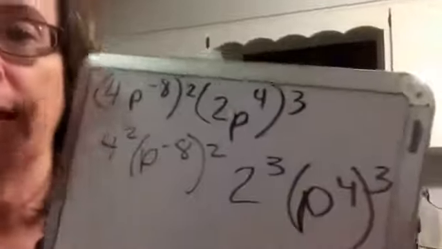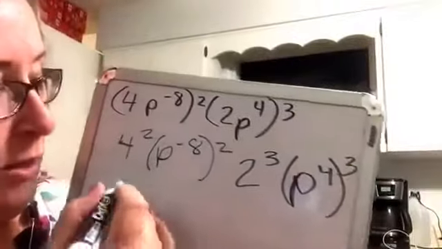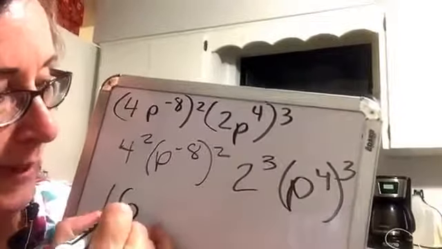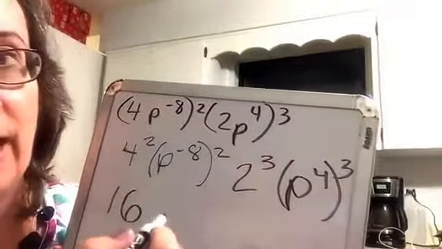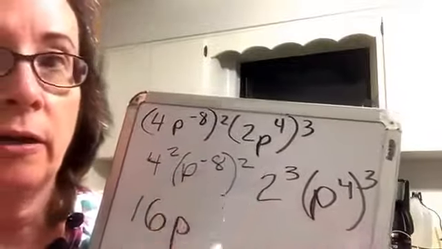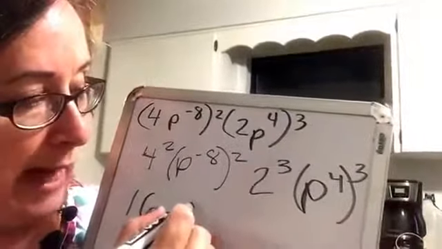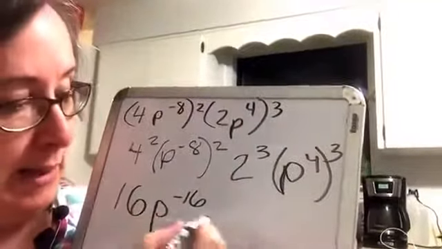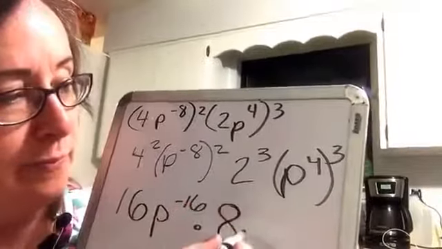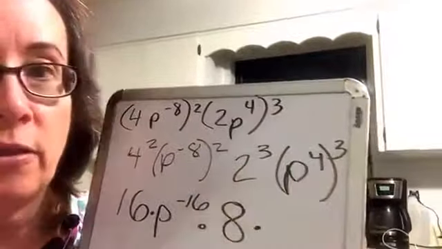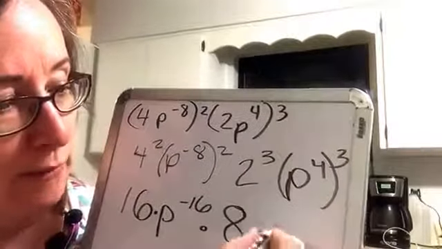Let's see if I can get that glare off the board. Okay, so now we've got 4 squared, which is 16. And p to the negative 8 squared is going to be p to the negative 16. Remember, when I raise a power to another power, I multiply. 2 cubed is 8. And then our p to the 4th raised to the 3rd power is p to the 12.